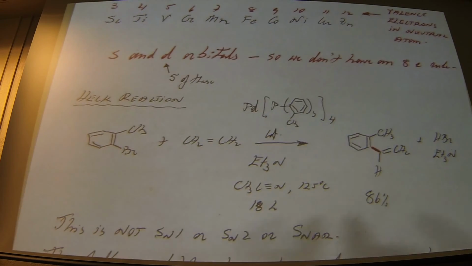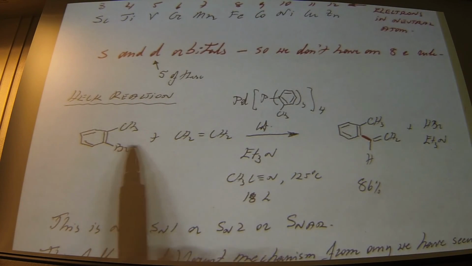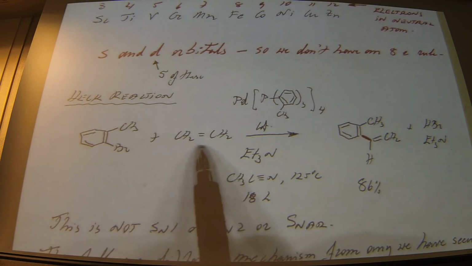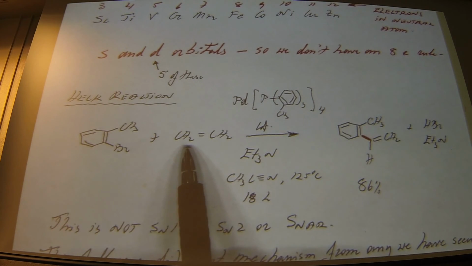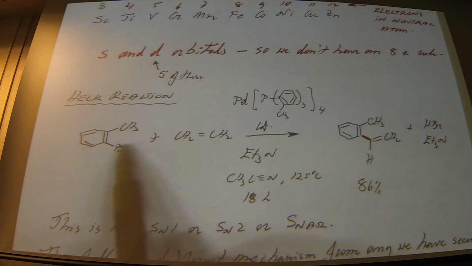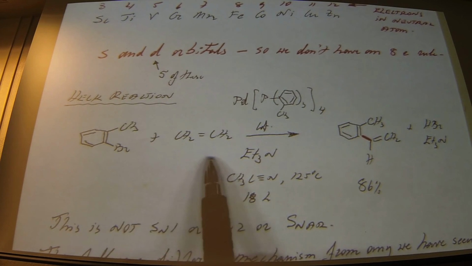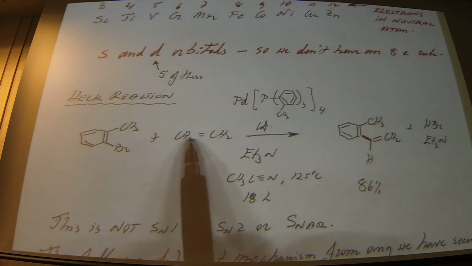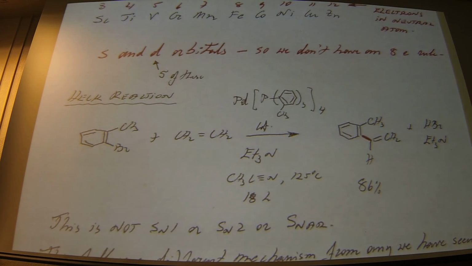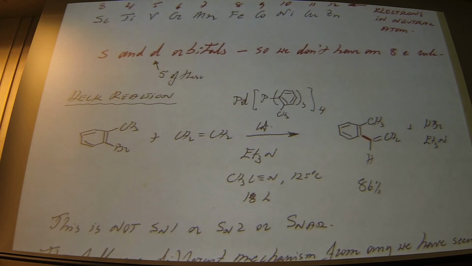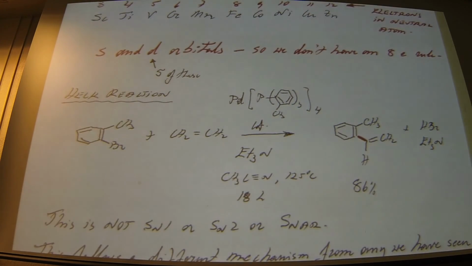So you look at this reaction and what's happened. I've taken this aryl bromide, allowed it to react with ethylene, and I've gotten this product by, in a sense, subtracting hydrobromic acid out of these 2 reagents. So there's the HBr. The Br came from here, and the H came from one of those protons in ethylene. Now this is not an SN1 reaction.